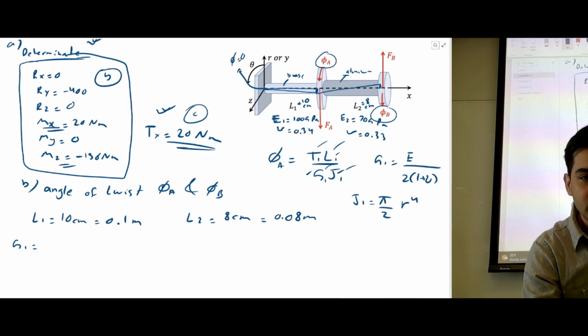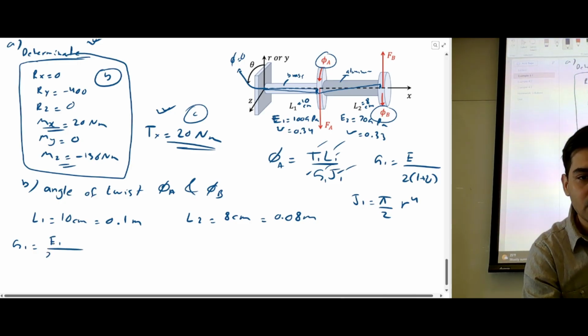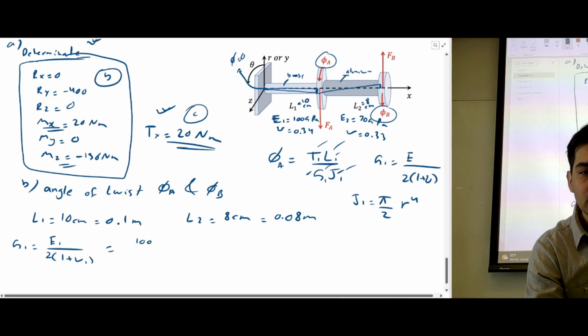The value of G1 would be E1 over 2 into 1 plus Poisson ratio 1. E1 is 100 gigapascals and 1 plus 0.34.